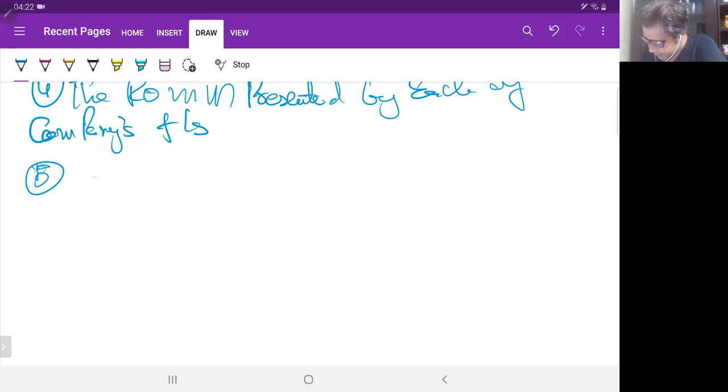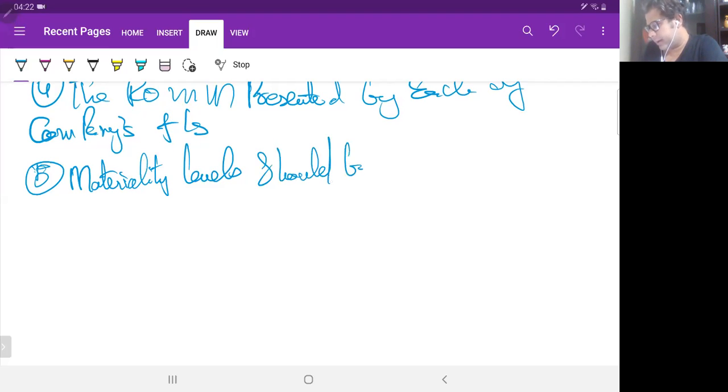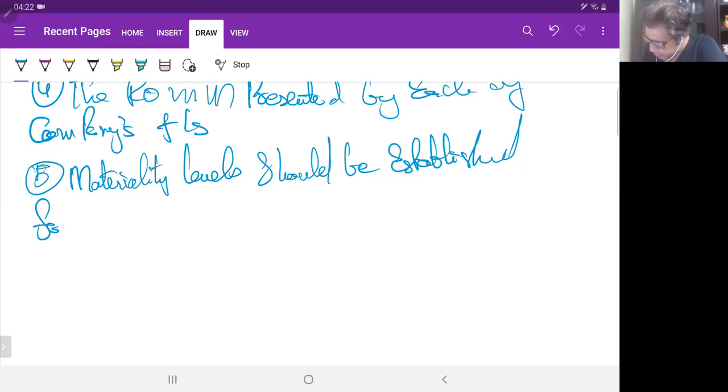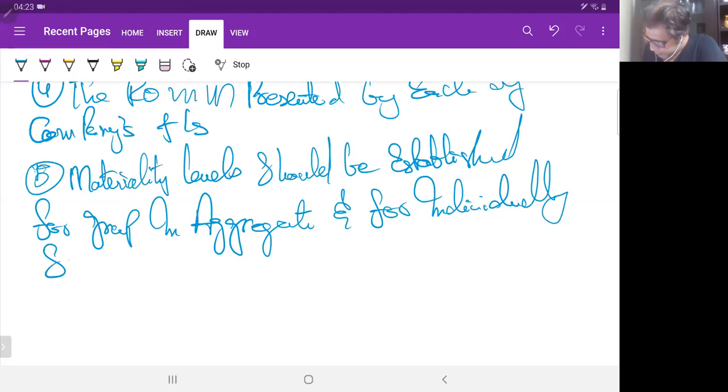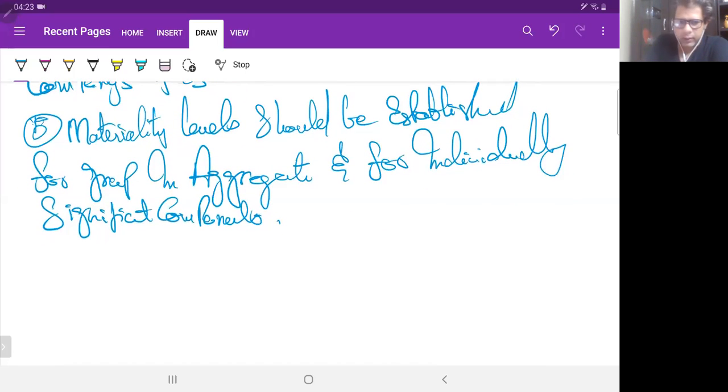Materiality levels should be established for the group in aggregate and for individually significant components. Right.